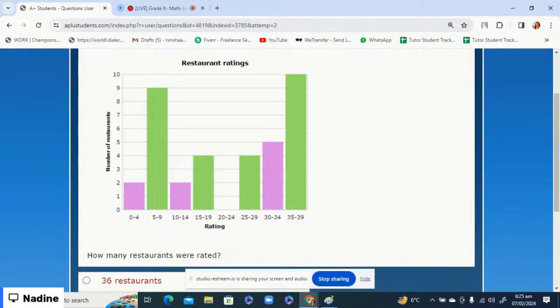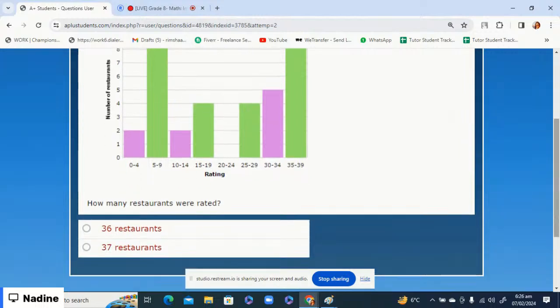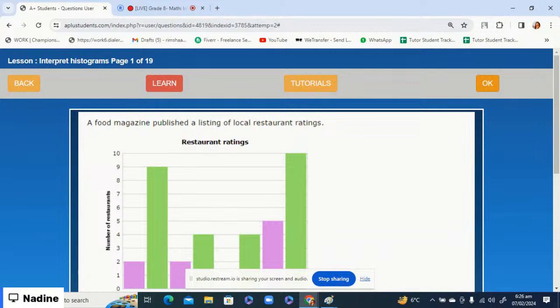Then 15 to 19, it's 4. 20 to 24, it's 0. 25 to 29, it's again 4. 30 to 34, it's 5. And 35 to 39, it's 10. So in total that is 36 restaurants. Okay, so let's count on 36 and let's check.